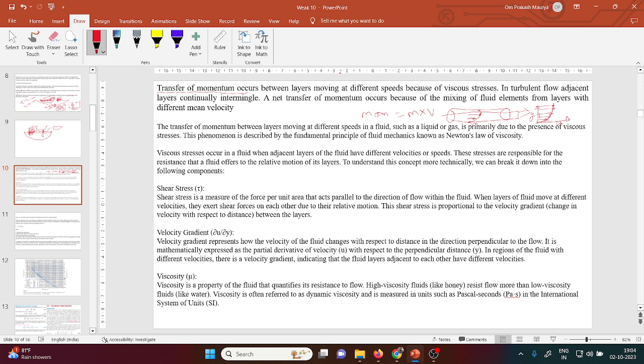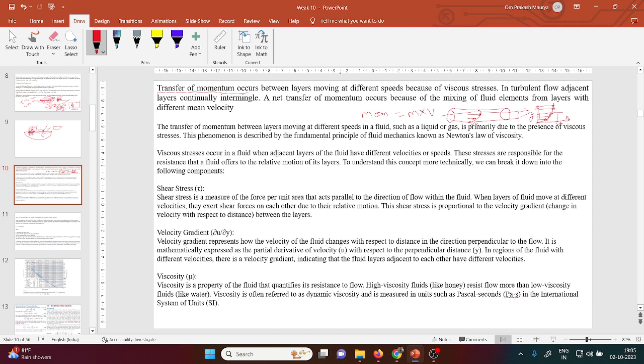If the magnitude is less, the velocity is more or less similar from one layer to another. But as the wall effect dominates at some depth, your velocity gradient is large.